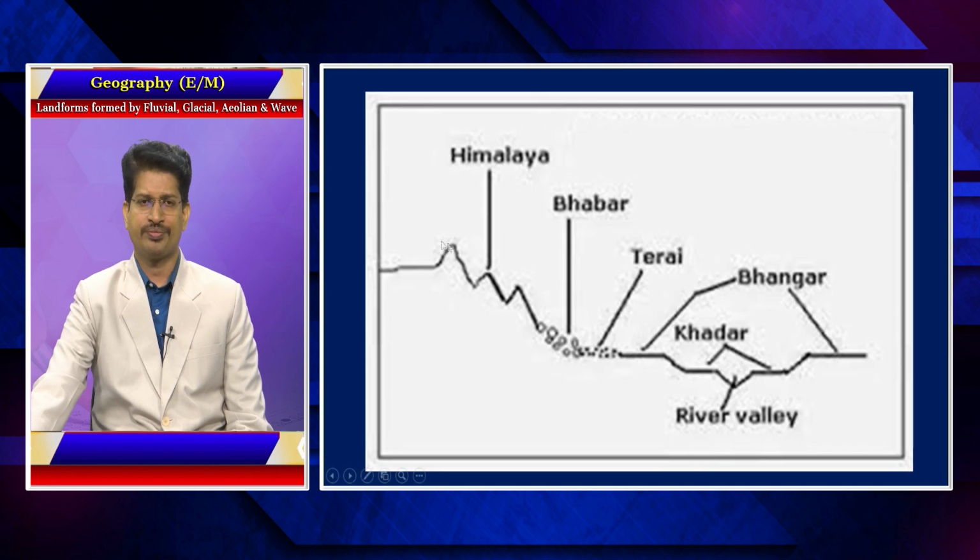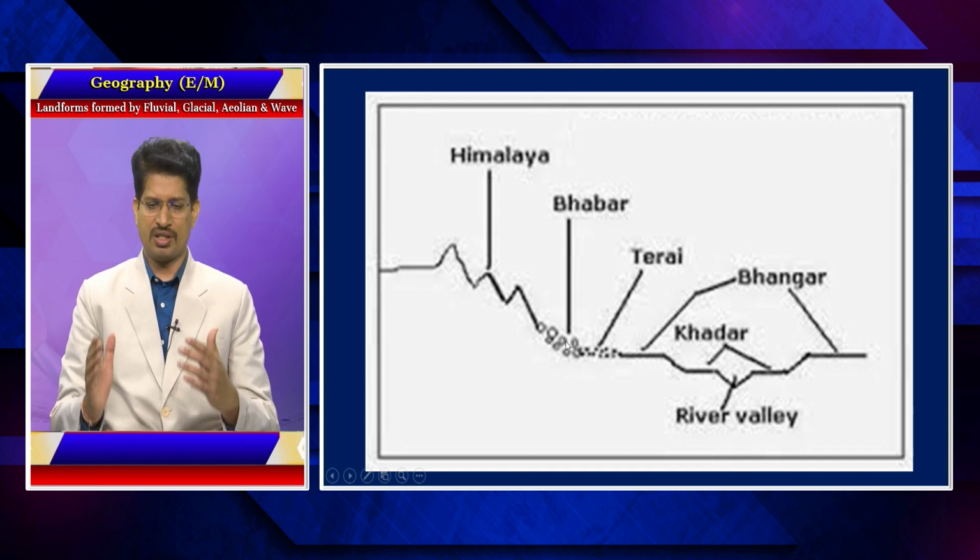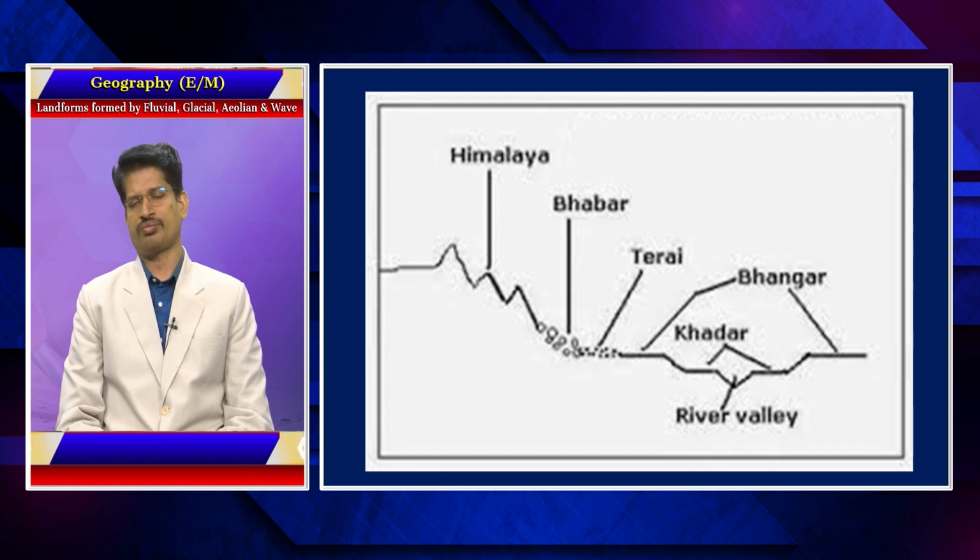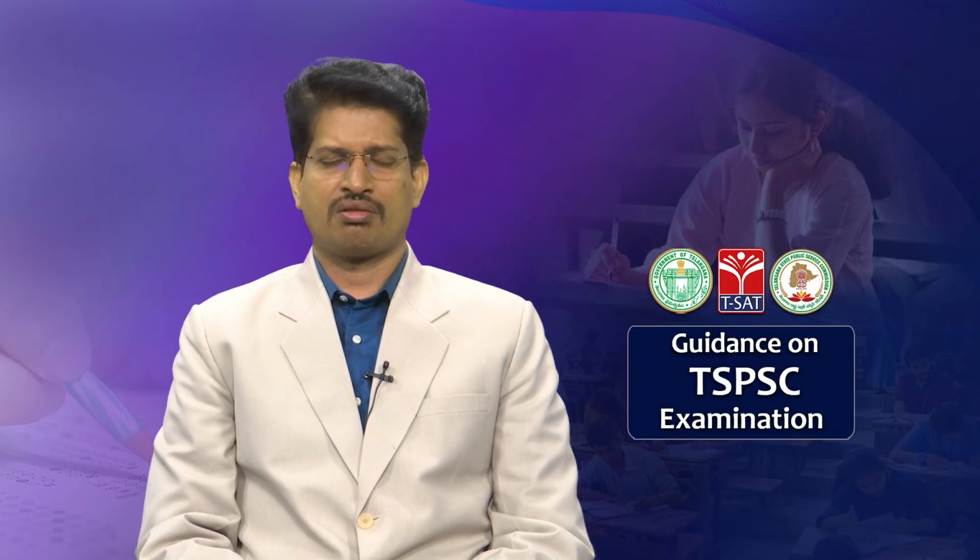By the time the river reaches the plains at the foothills, the slope gradient decreases and the energy of the river decreases. The carrying capability of the weathered and eroded material, from silt to boulders and pebbles, decreases.